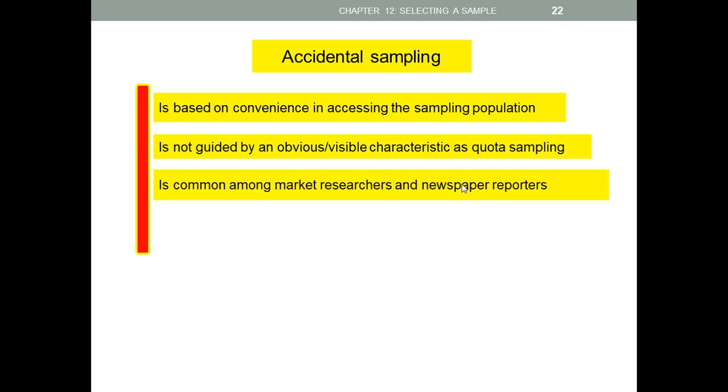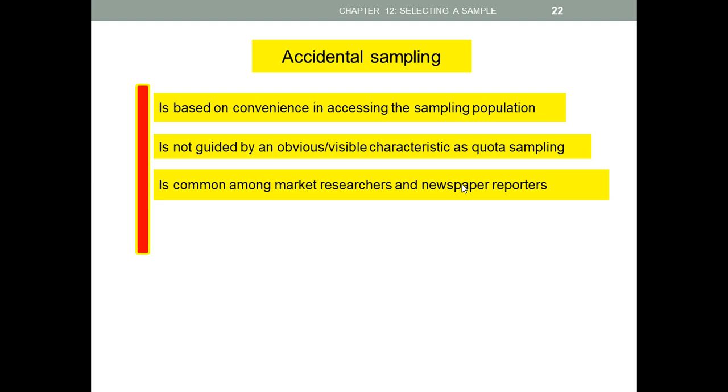It's very popular among market researchers and newspaper reporters. I think everyone remembers, a newspaper reporter would approach you or approach me and collect some opinions from you or from me simply because of our being convenient for them to access.